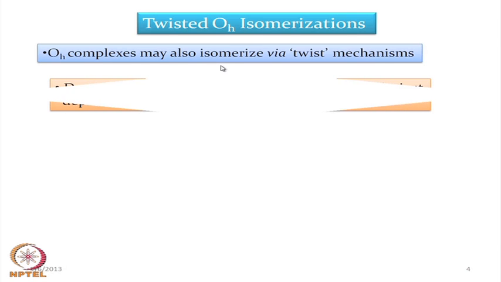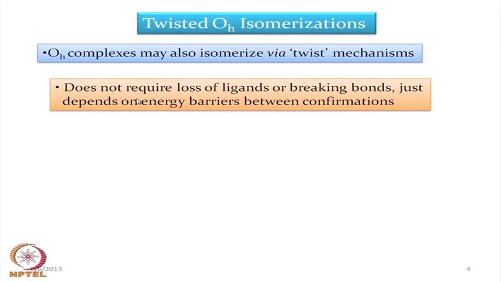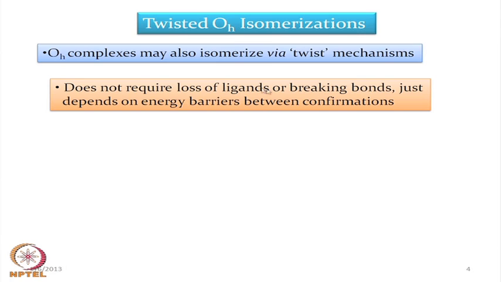So, how does it take place? We will see that it does not require loss of ligands, which is very interesting, because in previous cases the octahedral complex leaves one ligand, giving rise to a pentacoordinated situation, and in that pentacoordinated situation we get a geometry of either a square pyramidal one or a trigonal bipyramidal one.